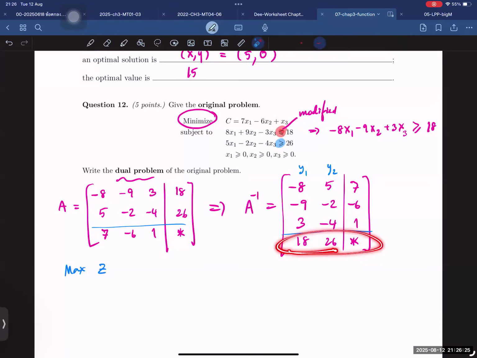The first one is -8y1 plus 5y2 less than or equal to 7.